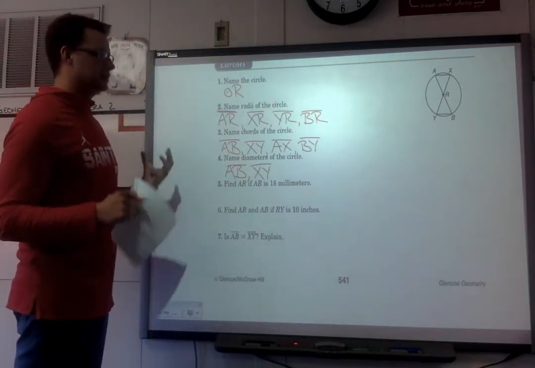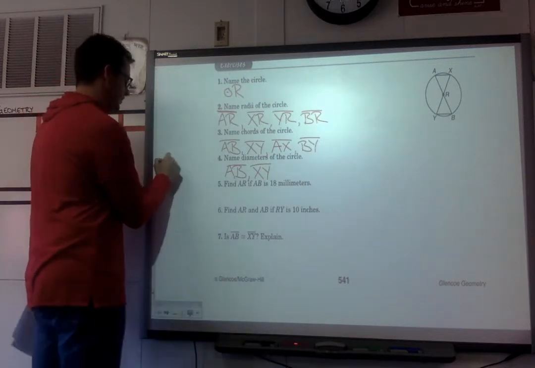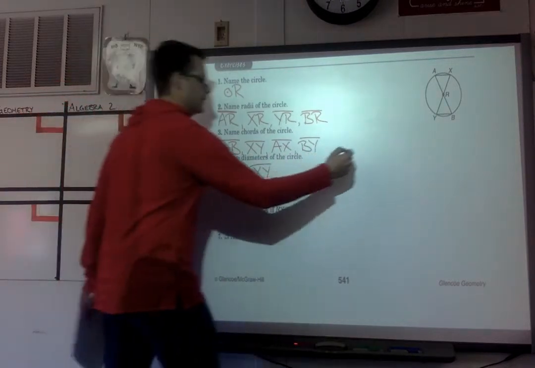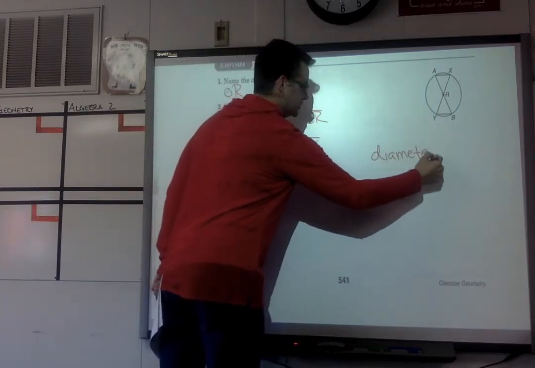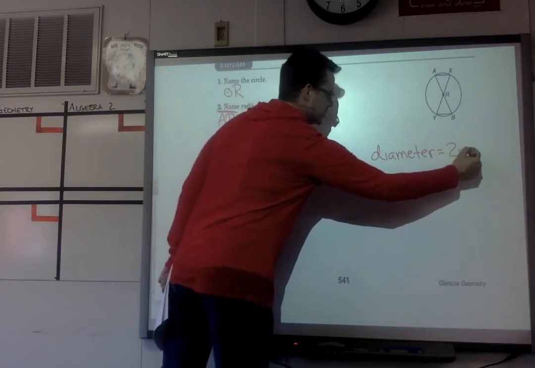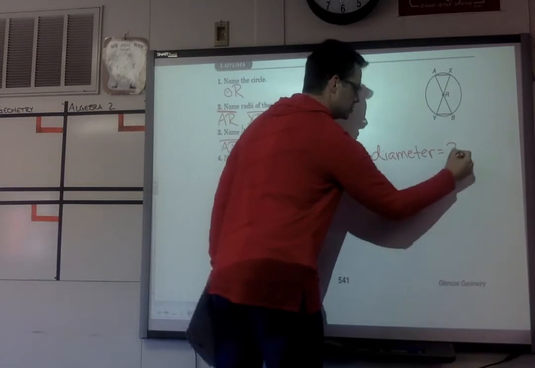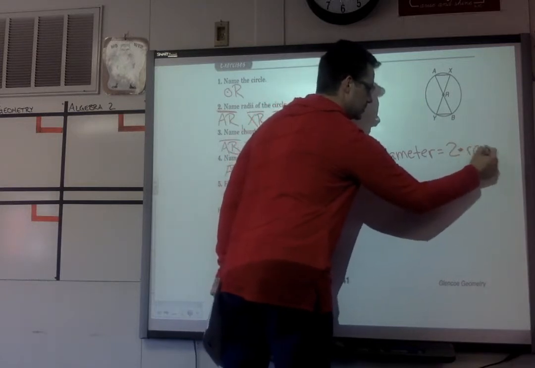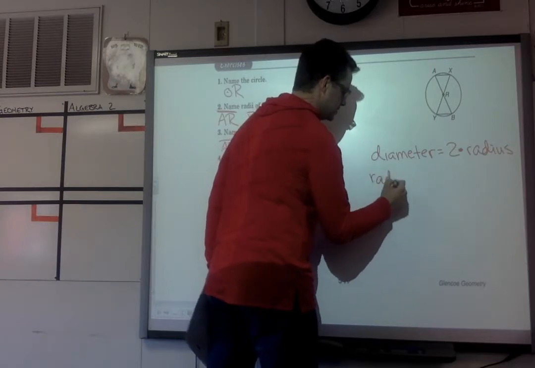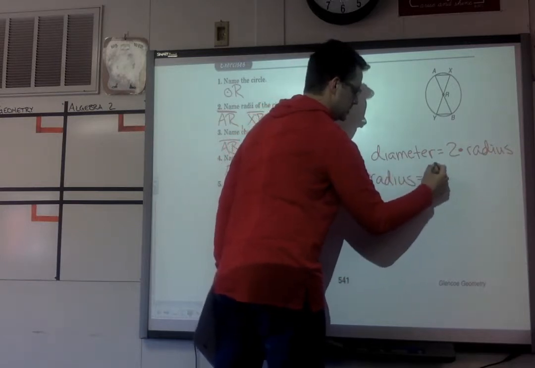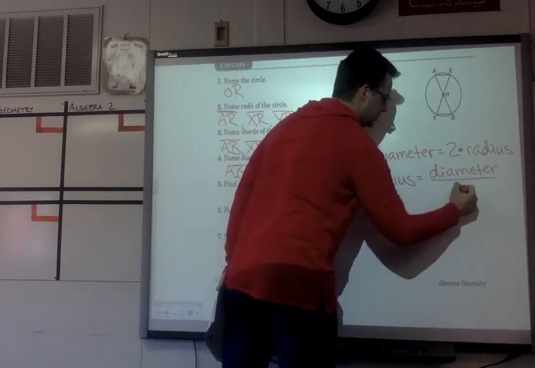Now, talking about the relationships between the radius and the diameter. Again, the diameter is always equal to 2 times the radius, or we can say that the radius is equal to the diameter divided by 2.